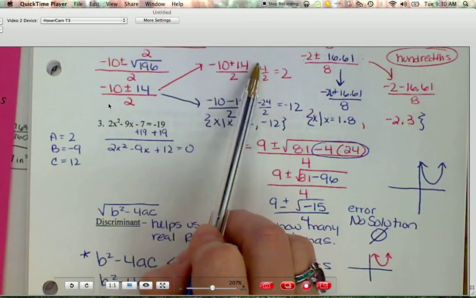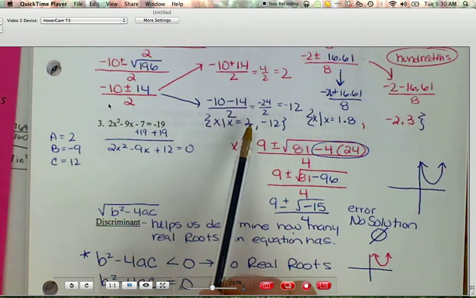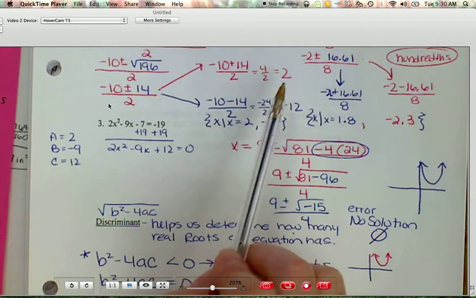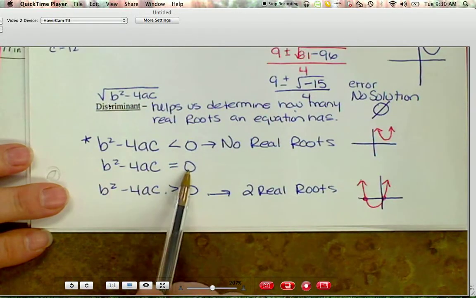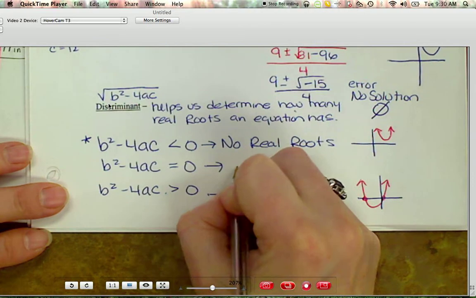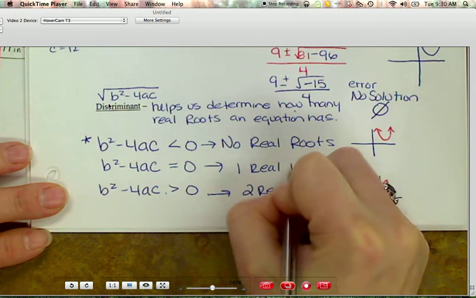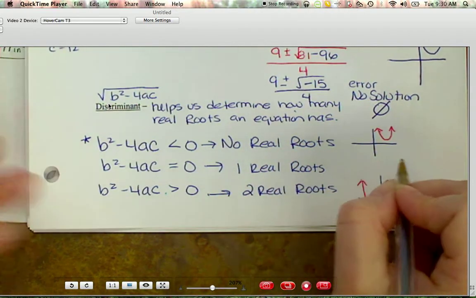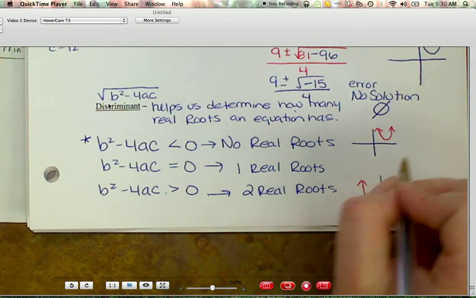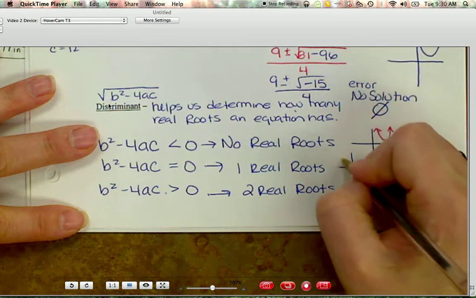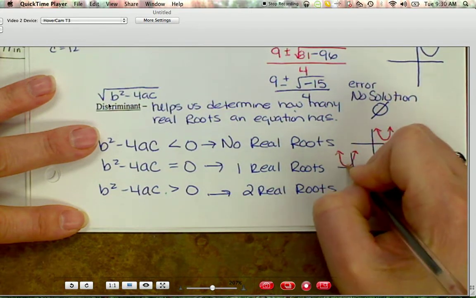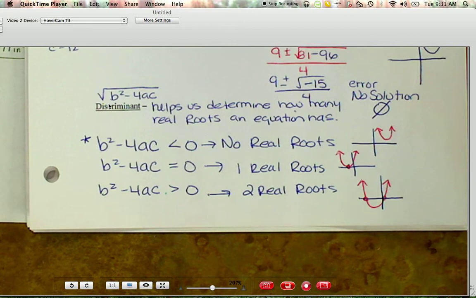It would still be negative 10 divided by 2, negative 10 divided by 2, which gives us the same single answer. So if the value of your discriminant is equal to 0, that means we only get 1 real root, because whether you add 0 or subtract 0 it's still the same number. And in that case, the parabola is just touching the x-axis in one place, so we only get 1 real root.